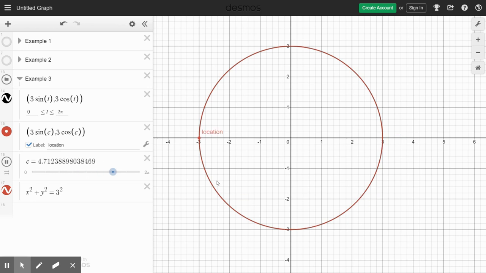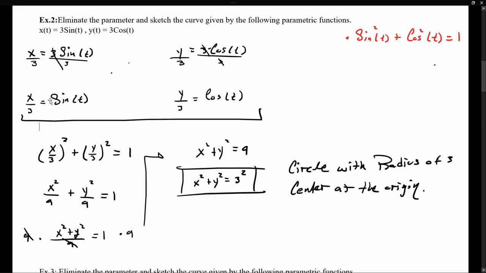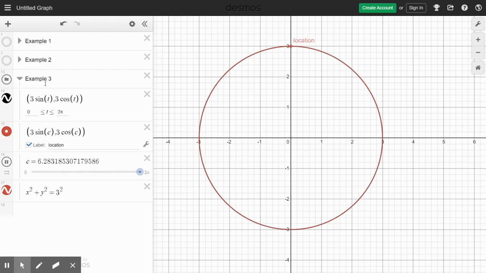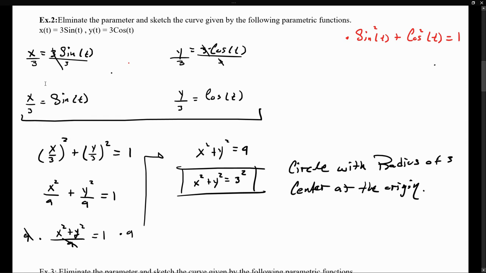Now we have an equation with no parameters. There is no t in this equation that can still follow the same path that the original parametric equation was following. One thing you might notice is that now we were able to represent a circle in terms of parametric equations.